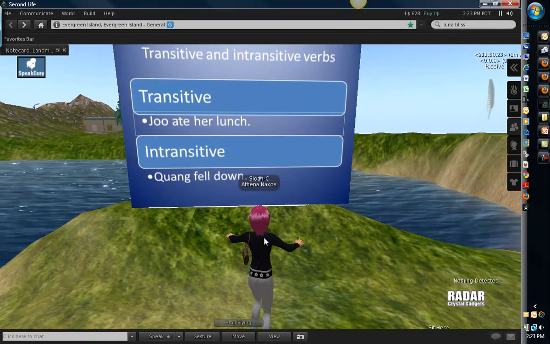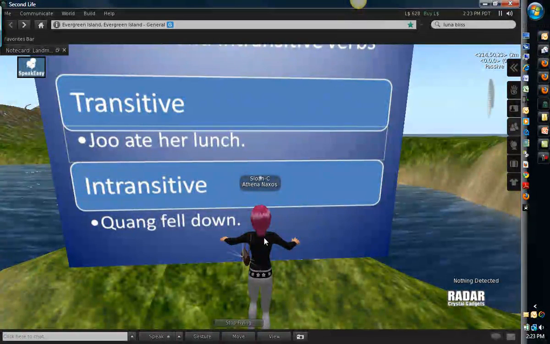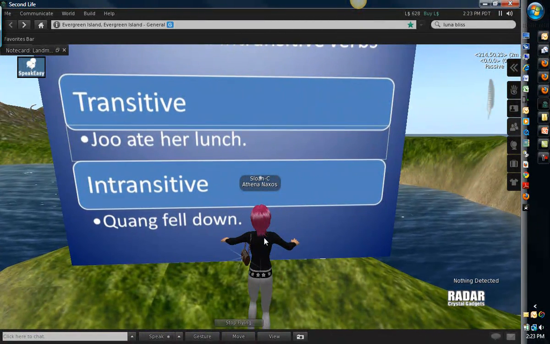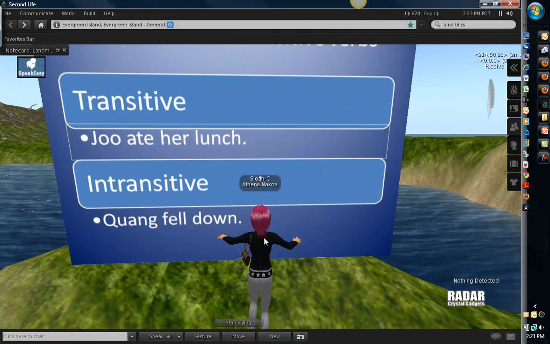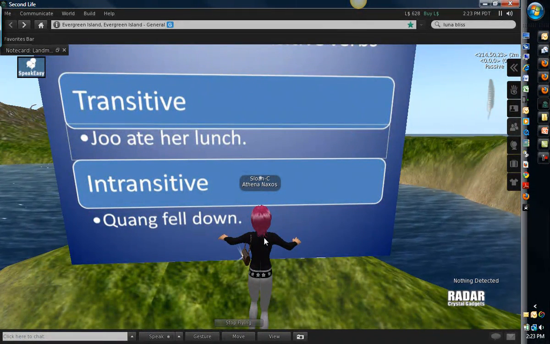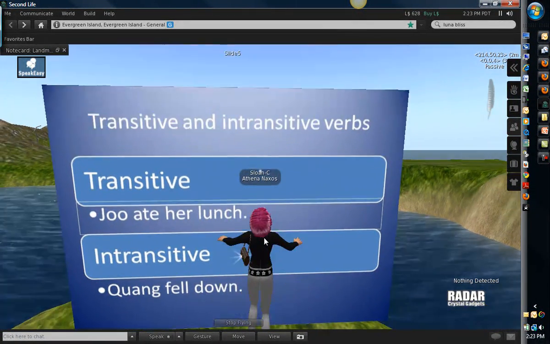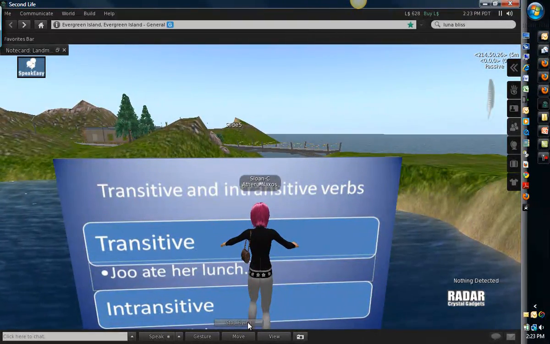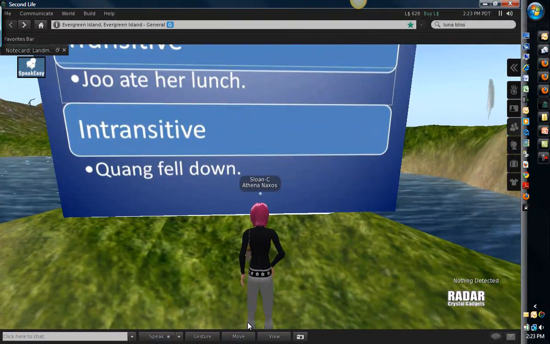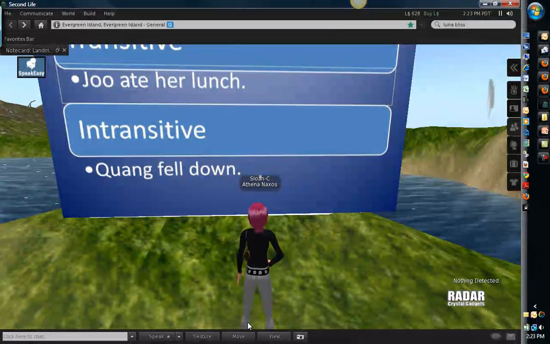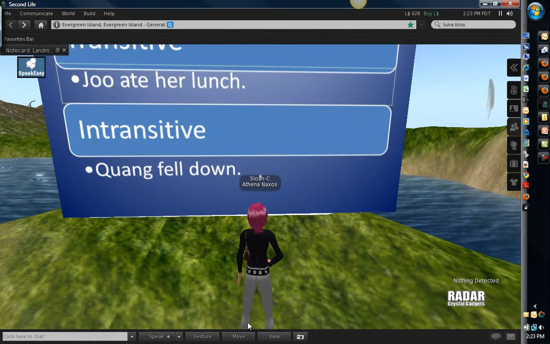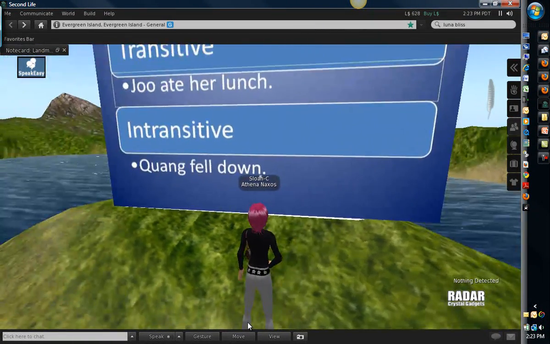in contrast to the intransitive verb fall down. So in the sentence Kwang fell down, the verb fall down does not take an object, and let me demonstrate. Monica just fell down. Is there any object? No, it's just me. Let's do that again.